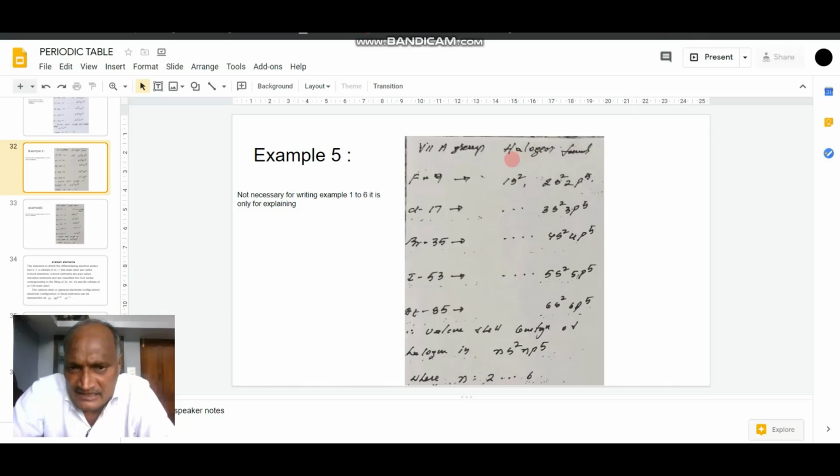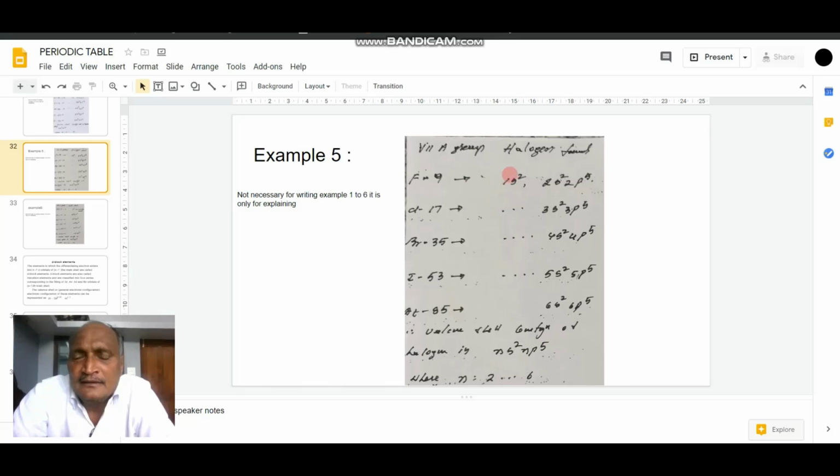The first member of the halogens, fluorine, has atomic number 9, and its configuration is 1s2, 2s2 and 2p5.